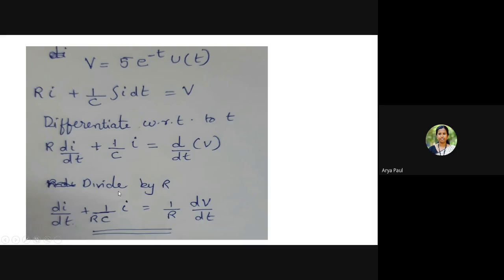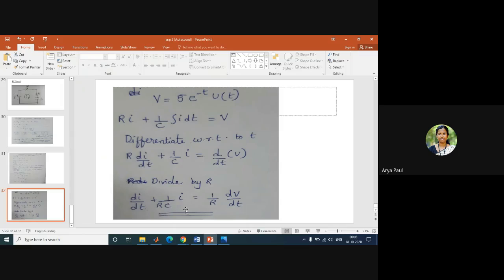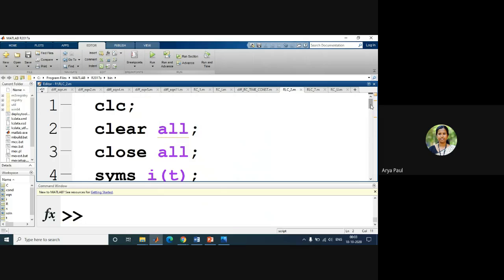So put this equation in MATLAB. Here V is actually 5 into e raised to minus t. So dy by dt plus 1 by RC into I is equal to 1 by R into dV by dt. In MATLAB, I have put this.